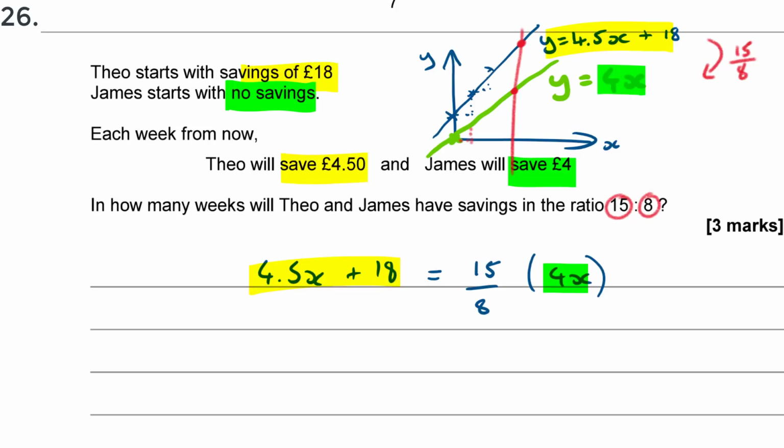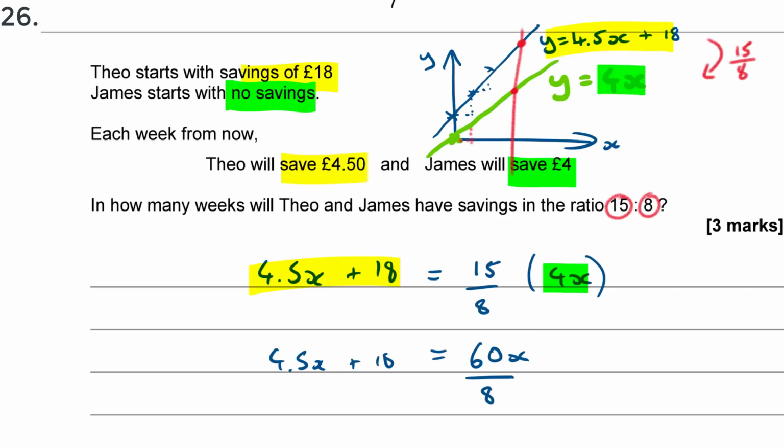Shall we try and do that then? So 4.5x plus 18 equals 15 lots of 4x over 8. Okay, let's just multiply out the bracket on the right. So 15 fours is 60x over 8 equals 4.5x plus 18.